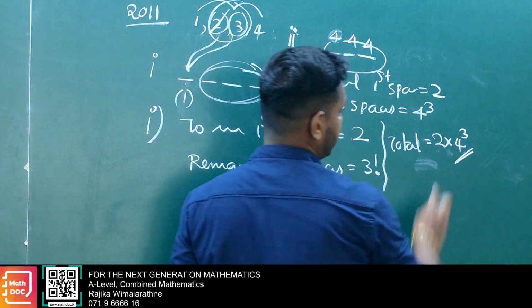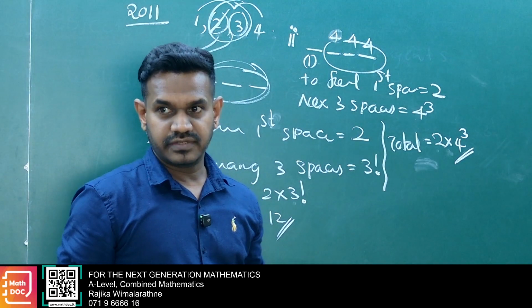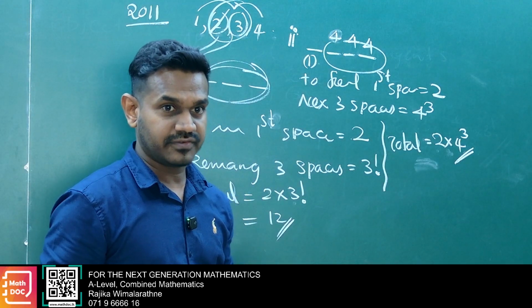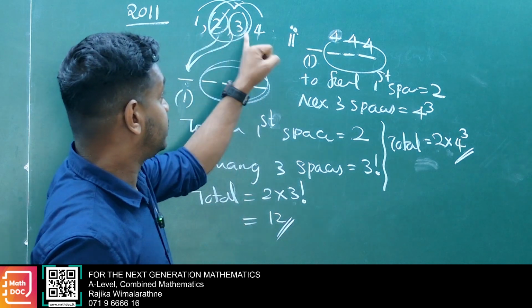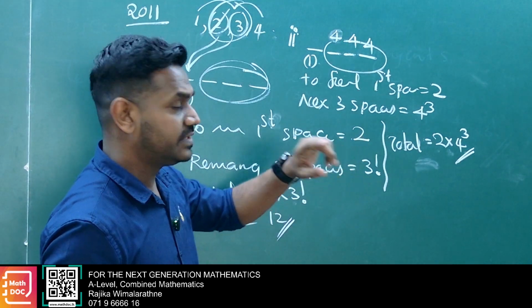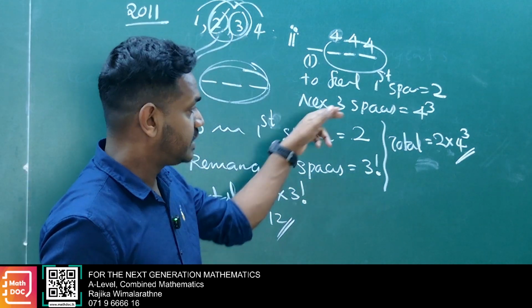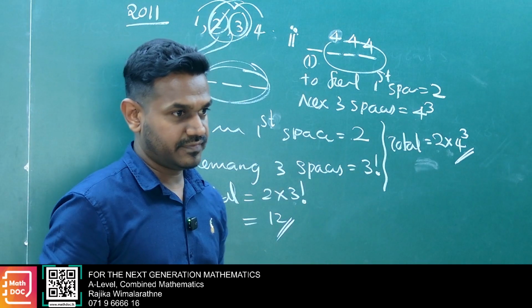You can simplify this now. So for 2000 to 4000, we have to first select the first digit. That must be 2 or 3. Therefore, to fill the first space, we have 2 ways. Then if repetition is not allowed, 3 factorial ways to arrange here, so altogether 2 times 3 factorial.